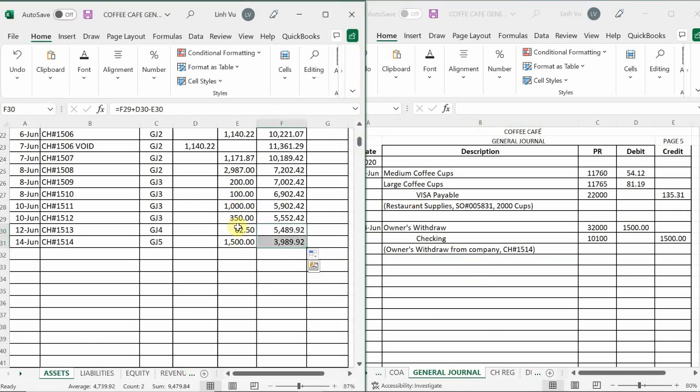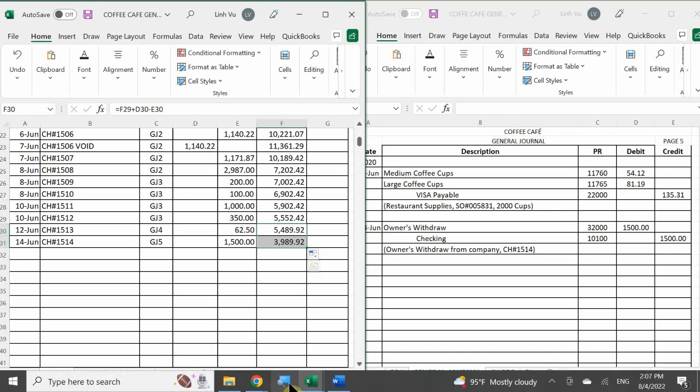All right, now that we have this, do we need to update the subsidiary ledger? No. Why? Well, he's not a customer and he's not a vendor.